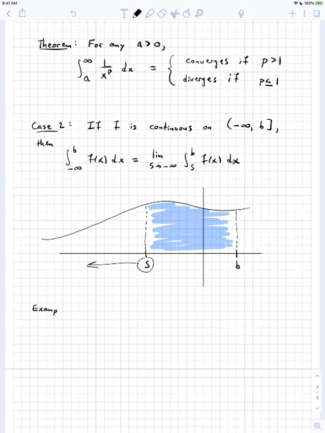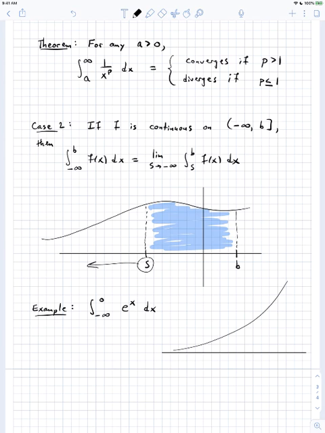So example, let's look at the integral from minus infinity to, let's just say 0, of e to the x dx. All right, now if you graph this, it's going to look something like that.